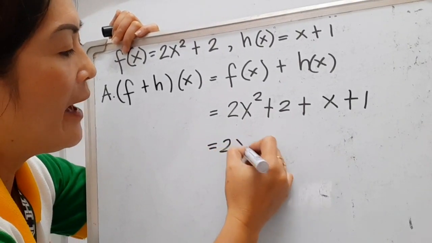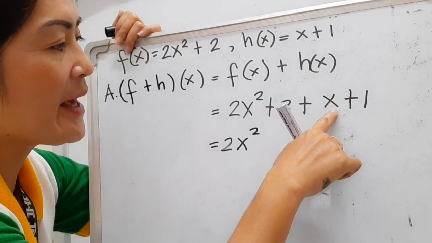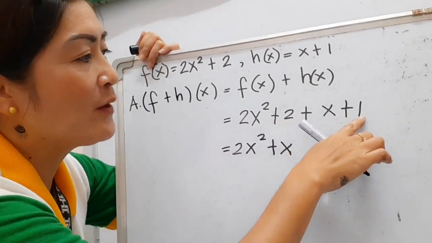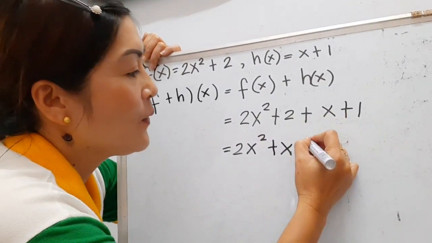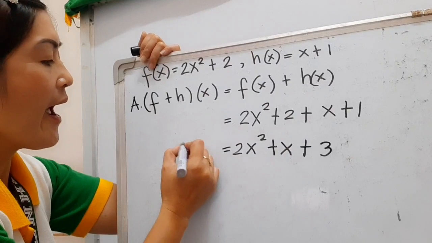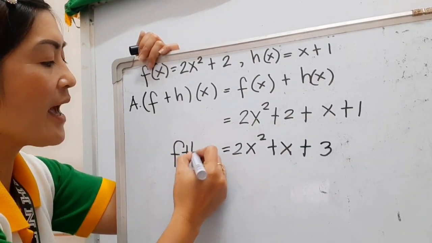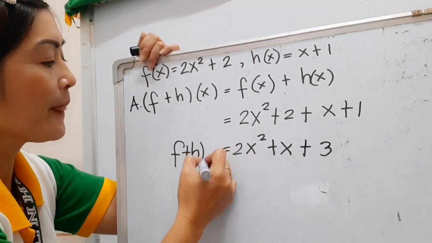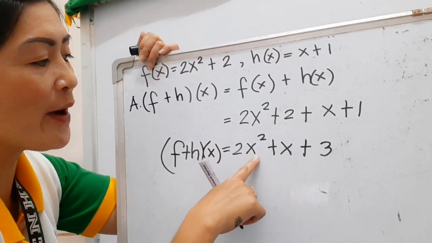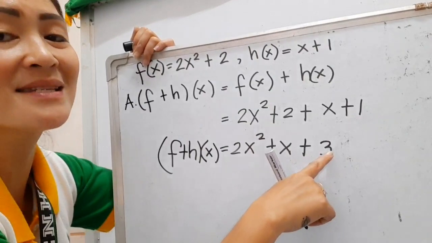So 2x squared, copy x, plus x, combine 2 and 1, 2 plus 1 will give us 3. So our f plus h of x is now equal to 2x squared plus x plus 3.